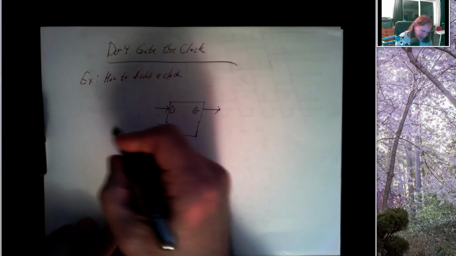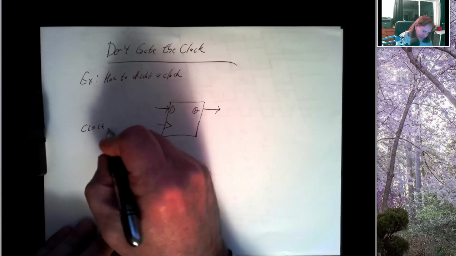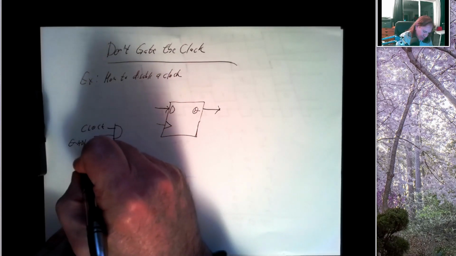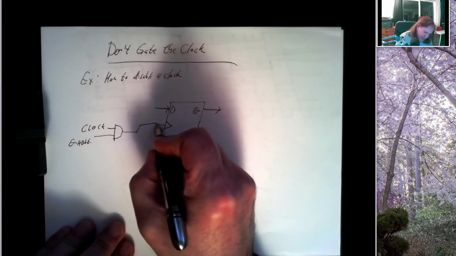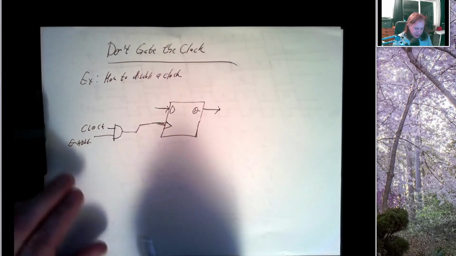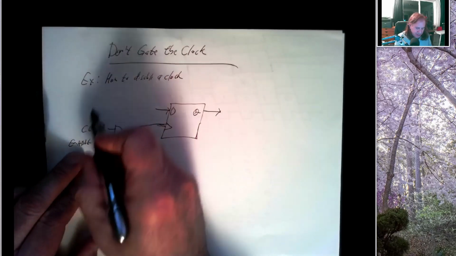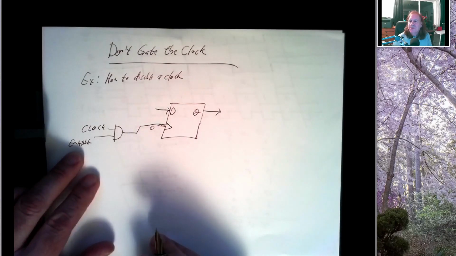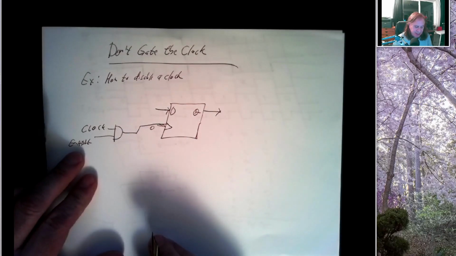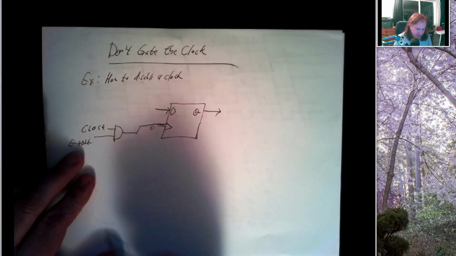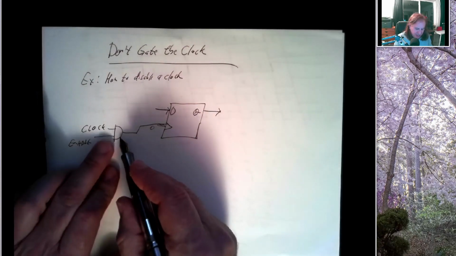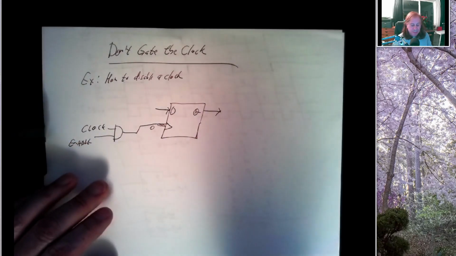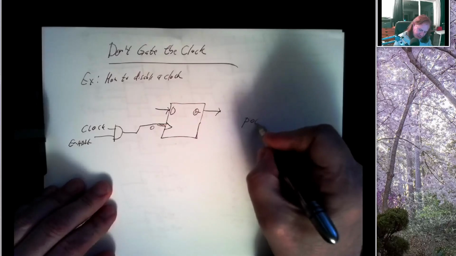Well, one way to do this is to take the clock line and AND it with an enable line, and then send that into the clock. So if enable is 0, the clock is pulsing up and down, but this is a 0 coming in, and it ignores D. We've basically taken the clock out of the system. And then when we want the clock to run, we set enable to 1, and now this just takes the clock and passes it through. That will work, but it's considered a poor design.